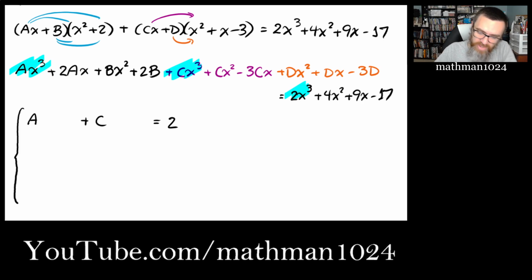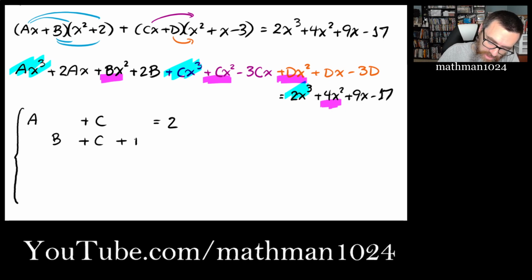All right, now we've got bx squared, cx squared, and dx squared, okay? And that should connect to my 4. So I'm going to say b plus c plus d equals 4. All right, that's for my x squared.